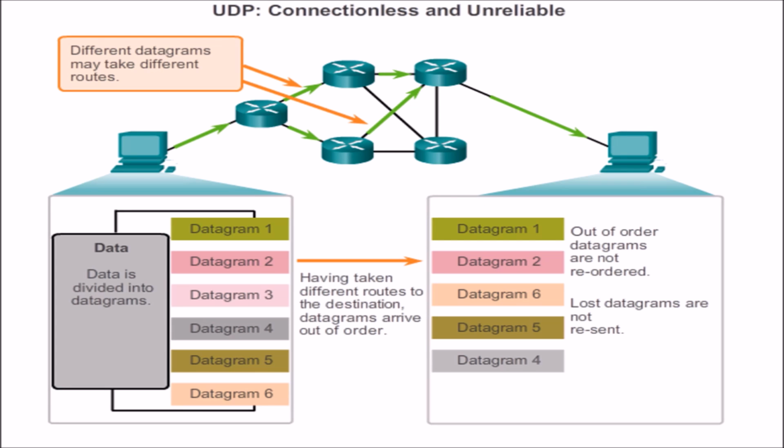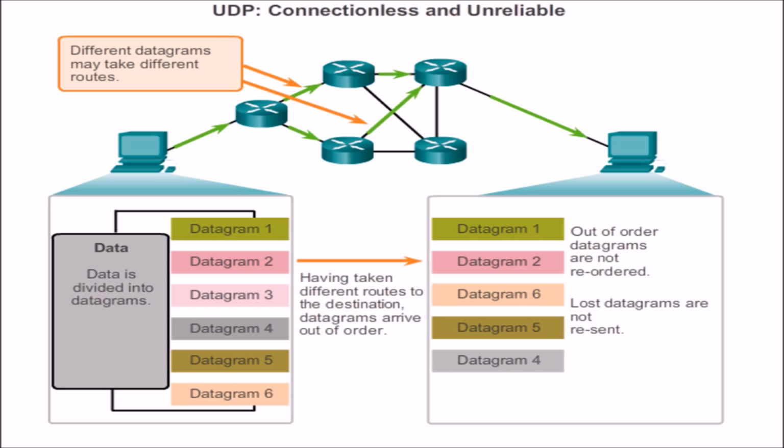Because UDP is connectionless, sessions are not established before communication takes place, as they are with TCP. UDP is said to be transaction-based, that is, when an application has data to send, it simply sends that data. Many applications that use UDP send small amounts of data that can fit in one segment.